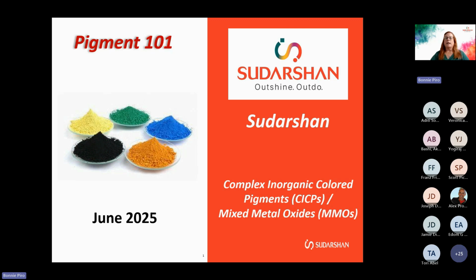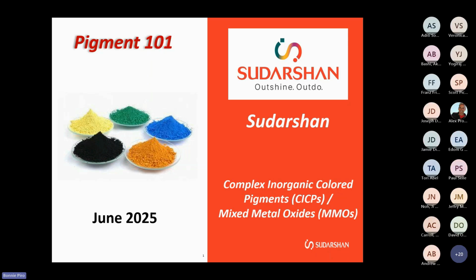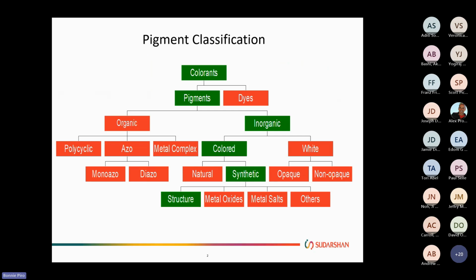And with that, I'll go ahead and get started and go off camera a little bit here. All right, so we will talk about the CICPs, and they are certainly a pigment on the inorganic side, so you can follow this trail of how they are.